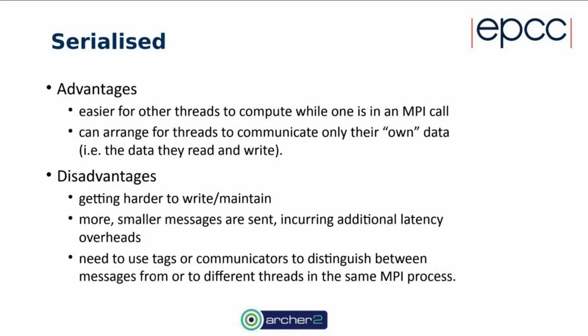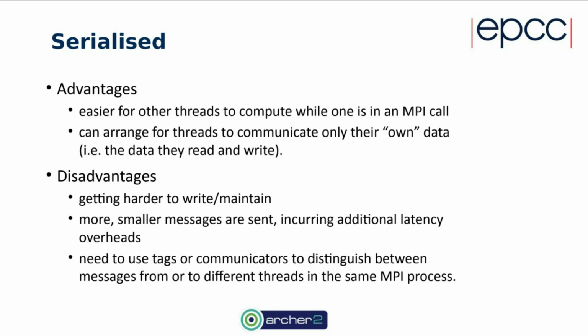But then we run into this problem. We need to be able to distinguish between messages which are coming from or destined to different threads in the same MPI process. Because as far as sources and destinations are concerned, MPI only deals with processes.